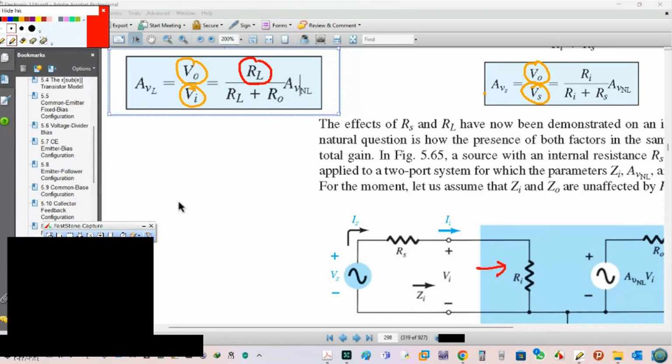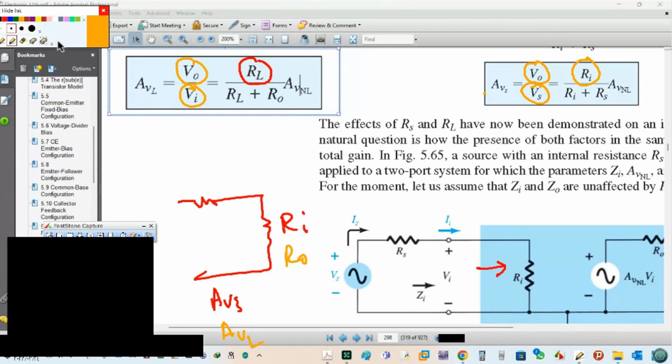In both we are using like this one. This is RI in AVS and this is RO in AV load. So this is RI, this is RL, over the same.